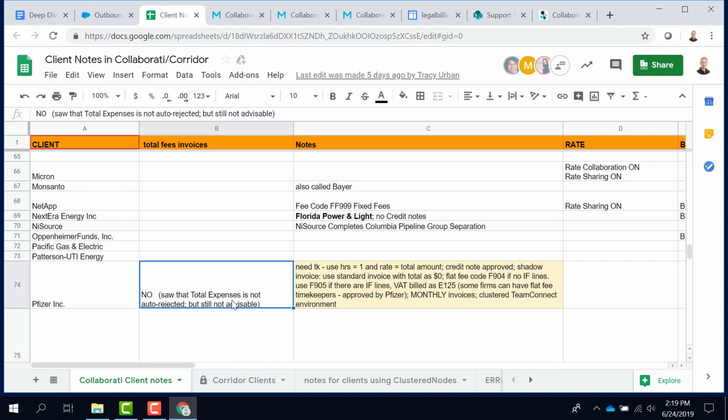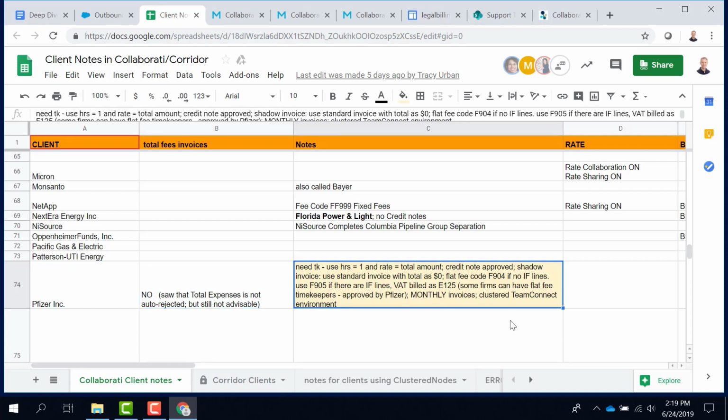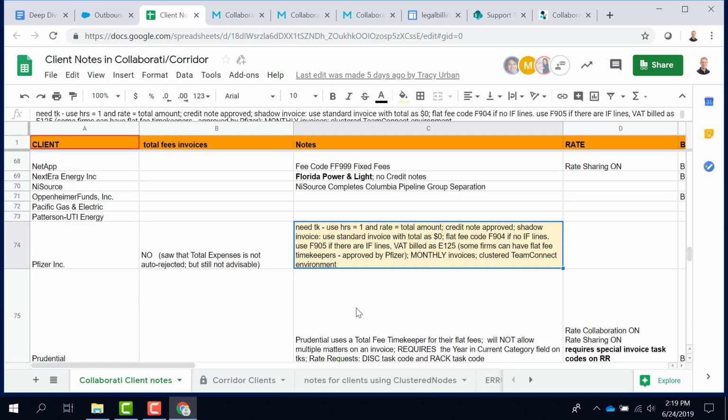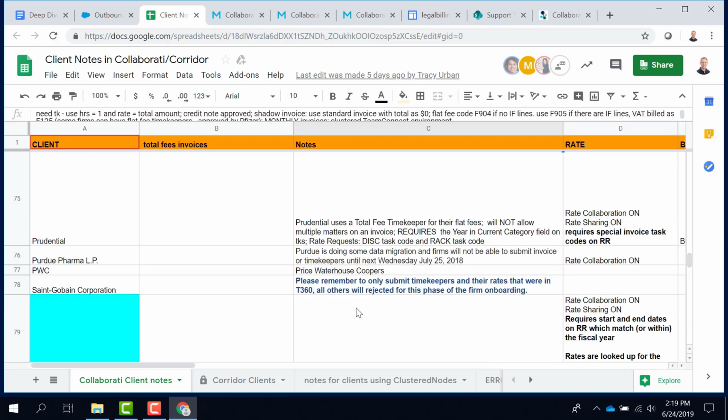It's still not advisable. If they need to submit a VAT, they'll use E125. They only accept monthly invoices. They're in a clustered Team Connect environment. These are all notes that maybe we can use to help people, but maybe we don't have notes for every client. Only if we get enough questions do we add that information onto the client notes page.